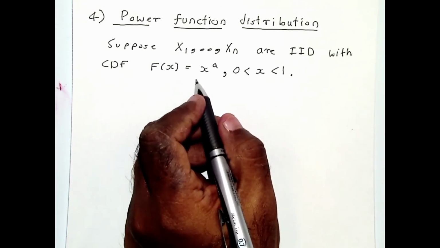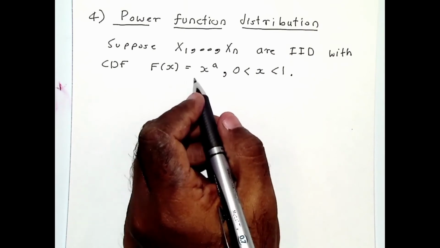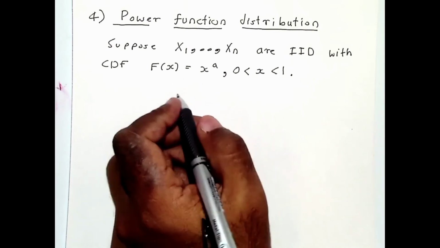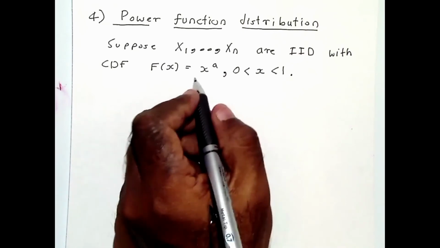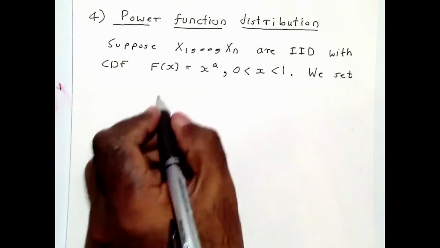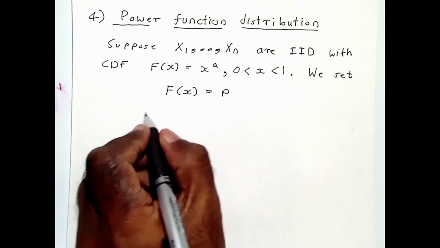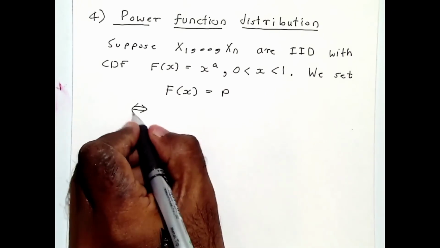Now, this is something we haven't covered in the previous slides, so let me show you how to find the var for this. In order to find the var, we simply need to set F(x) equal to p and solve for x in terms of p.